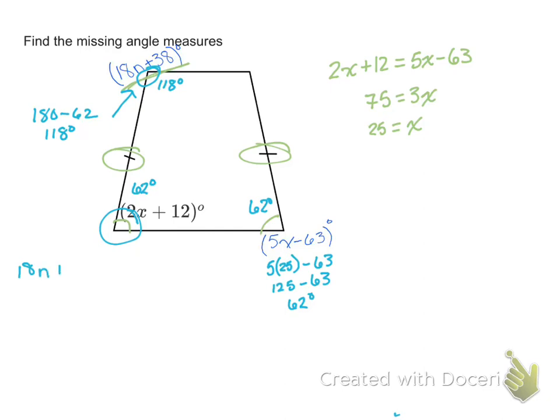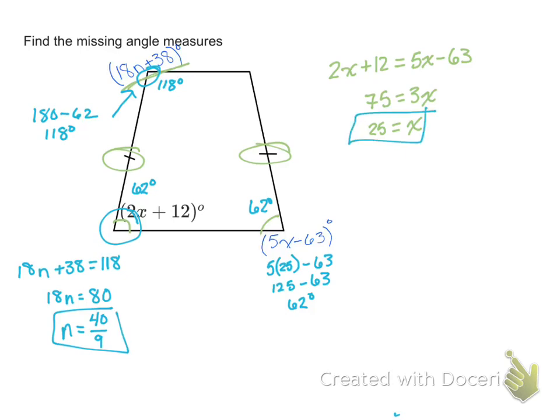So 18n plus 38 has to be 118 degrees. We subtract 38, we get 80. We divide on both sides and reduce, we get n equals 40 over 9. It doesn't look very nice, but there's our n, there's our x, and we have all three angle measures there.